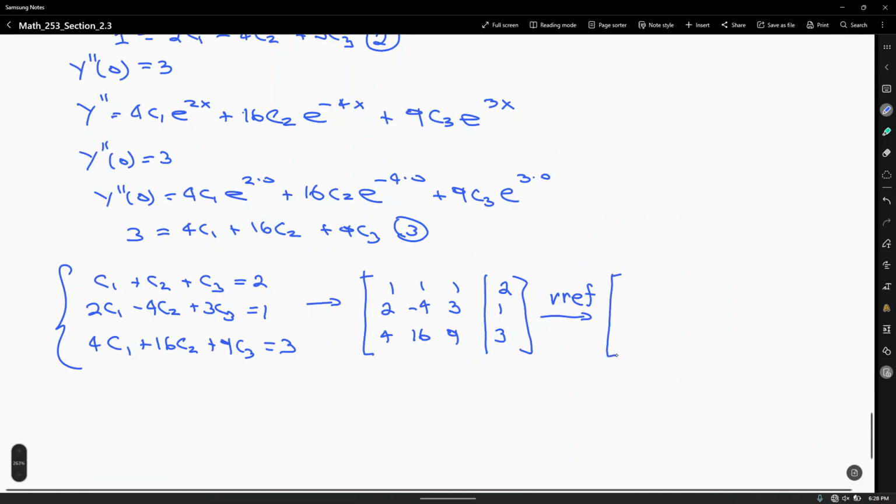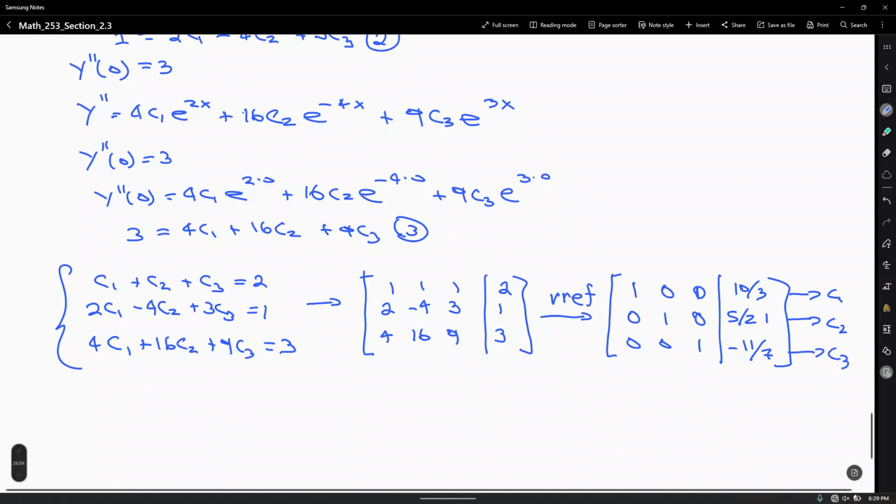So we need to write our reduced row echelon form matrix. And the solution here is, what was that? 10/3, right? 5 over 21 and -11/7. This means this is C1, C2, C3, just like if we were solving for x, y, and z, except that we have C1, C2, and C3.